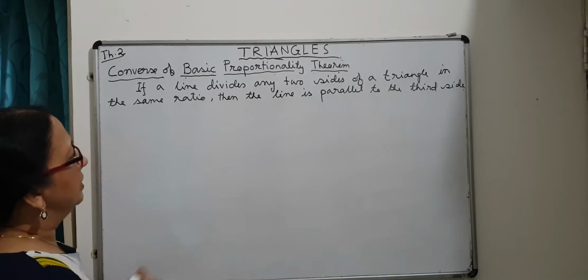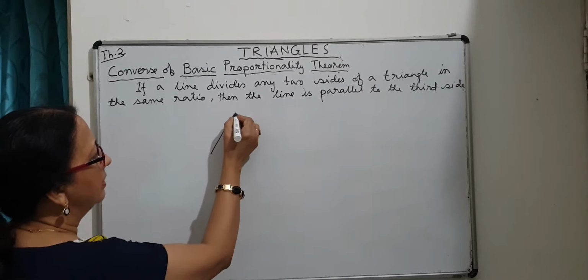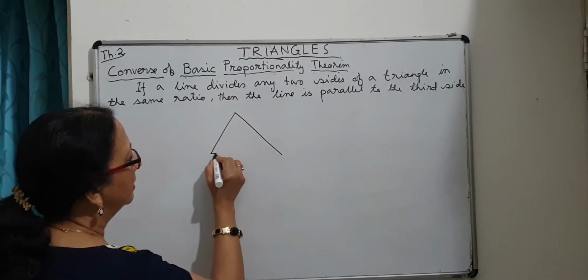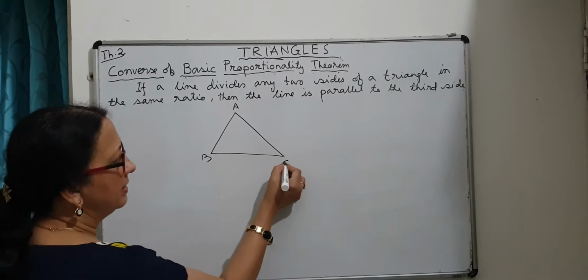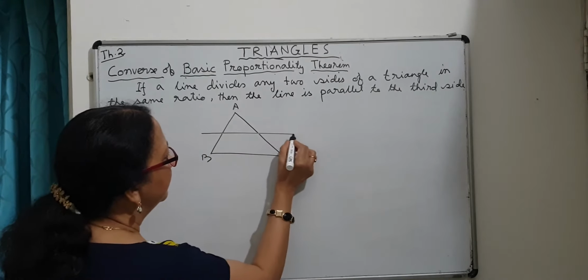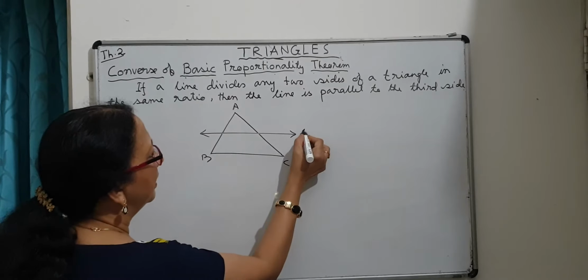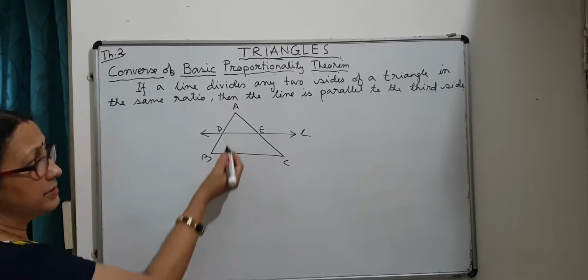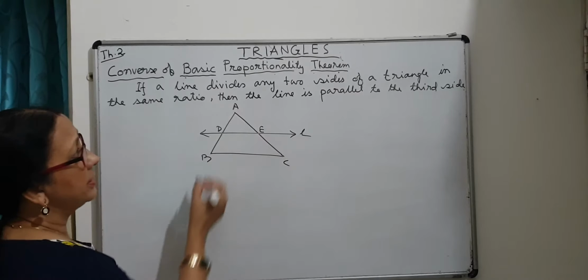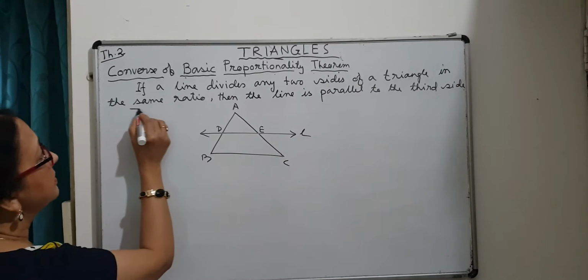That means if you have a triangle, and suppose ABC is the triangle, and there is a line dividing the sides in the points D and E, such that the line divides the sides in the same ratio.